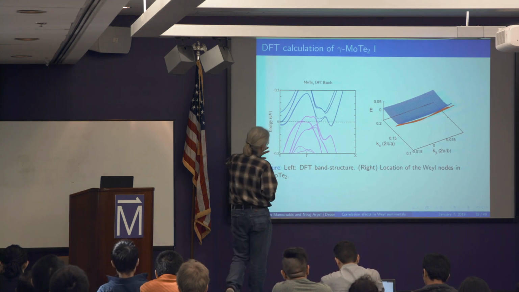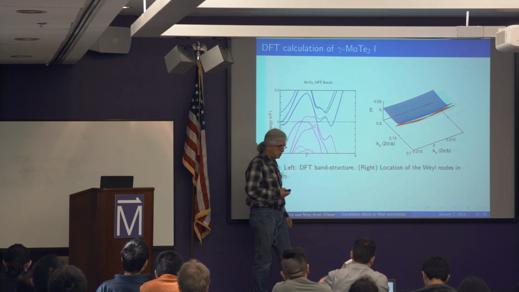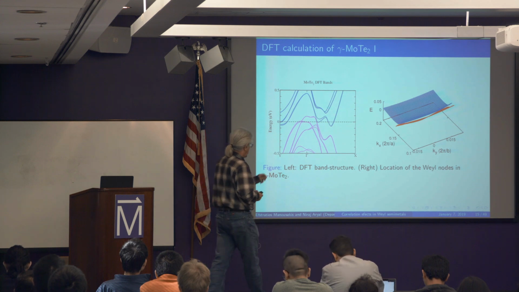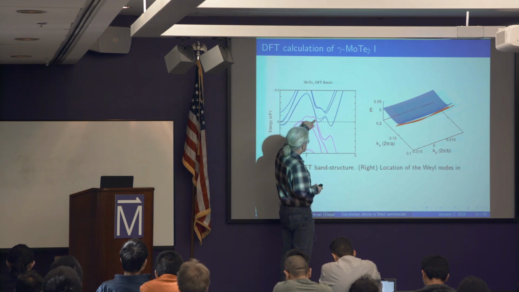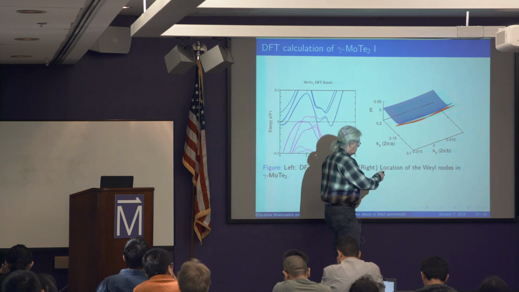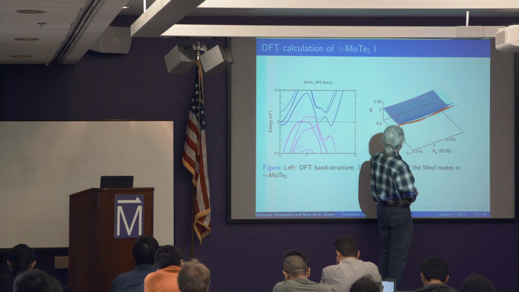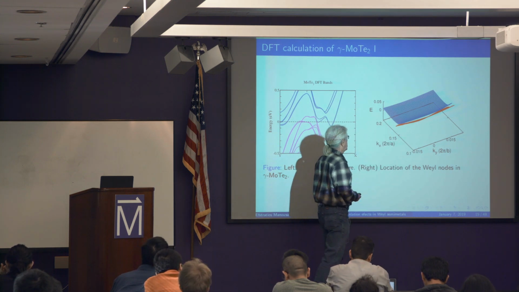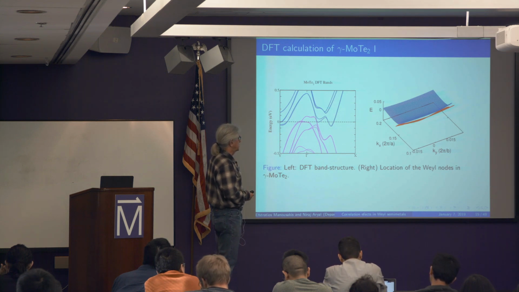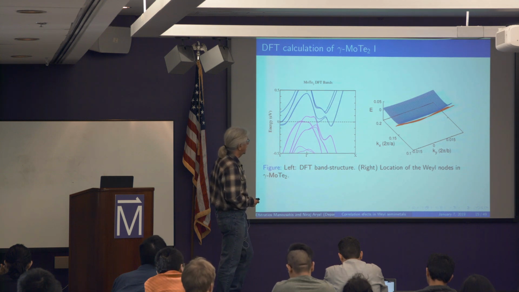But before I go to the Fermi surface, this is the band structure, and right at this point here, very close to the Fermi surface, a few tens of meV above the Fermi surface, there seem to be two touching points. Now, if you go into momentum space and look at this, you have two surfaces here. This is energy, and they occur at k equal to 0, so I can plot them as a function of kx and ky, a and b directions in crystalline axes.